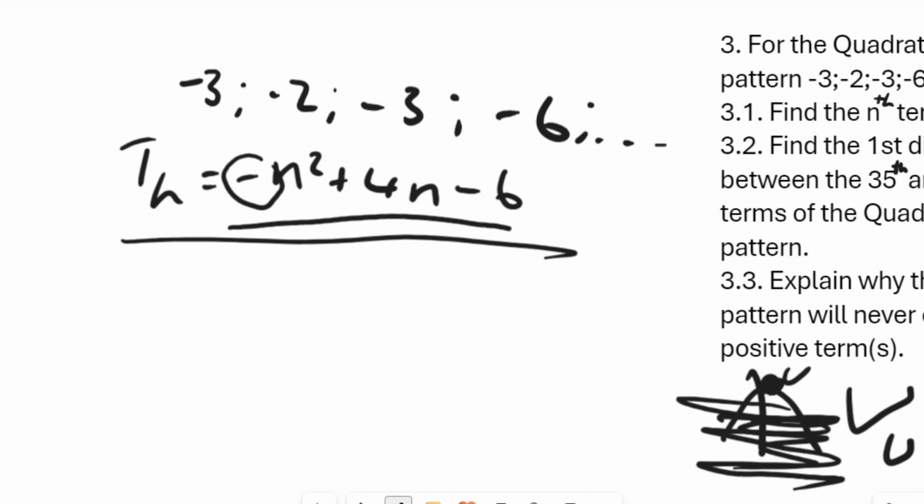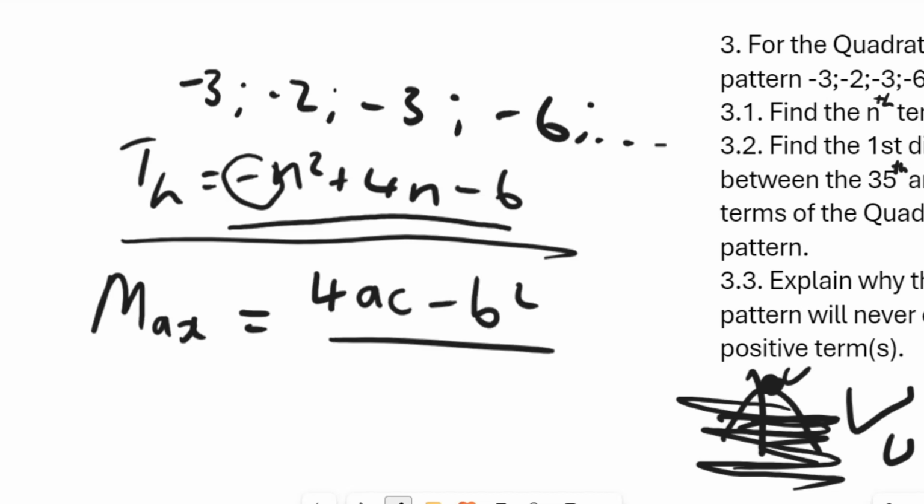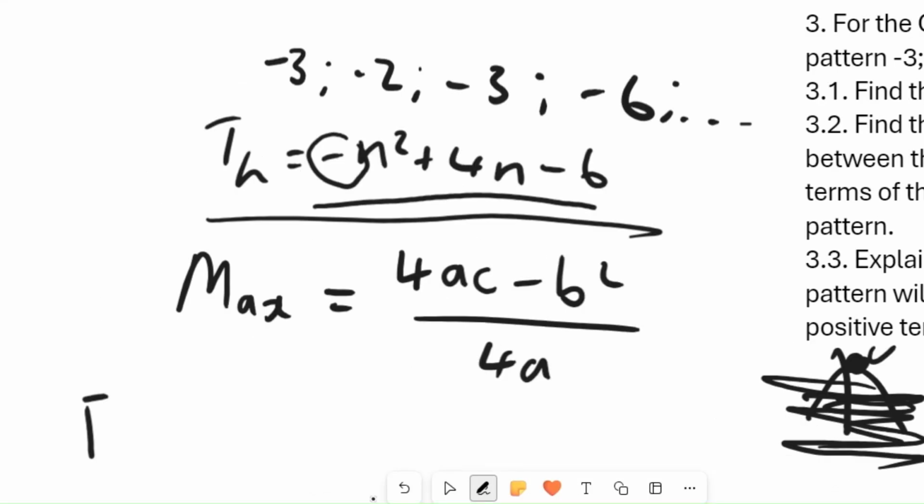Okay, you can say the maximum will be, you write it in this form, because we are dealing with the quadratic, we can use this knowledge of quadratic patterns, anything that has to do with quadratic. You say 4ac minus b squared over 4a. The coordinates of the turning point of a quadratic pattern are given by minus b over 2a for the x value, and then you close.